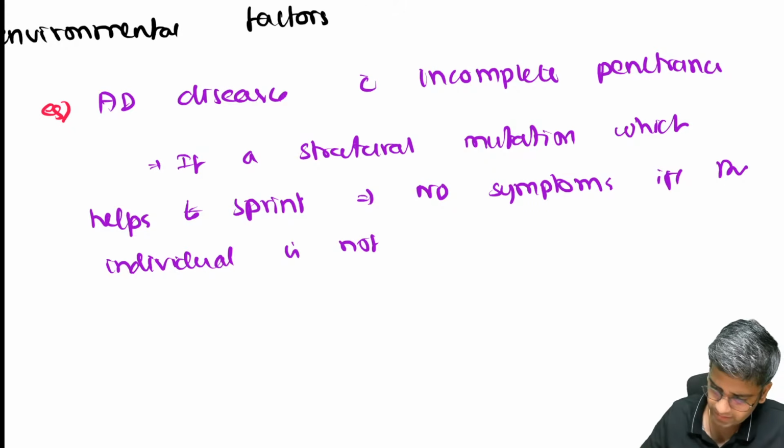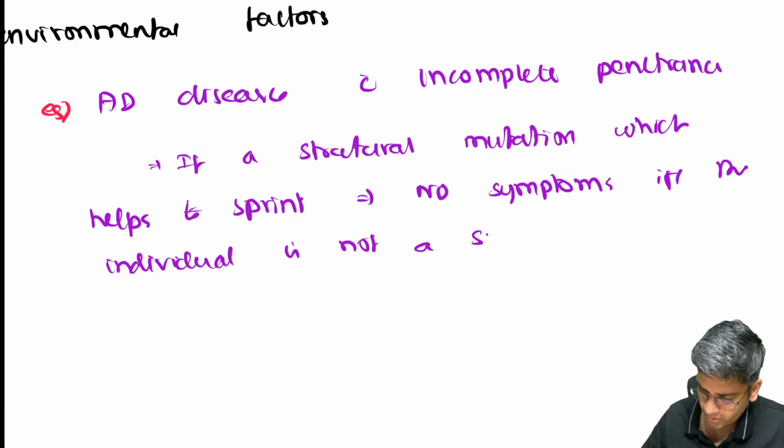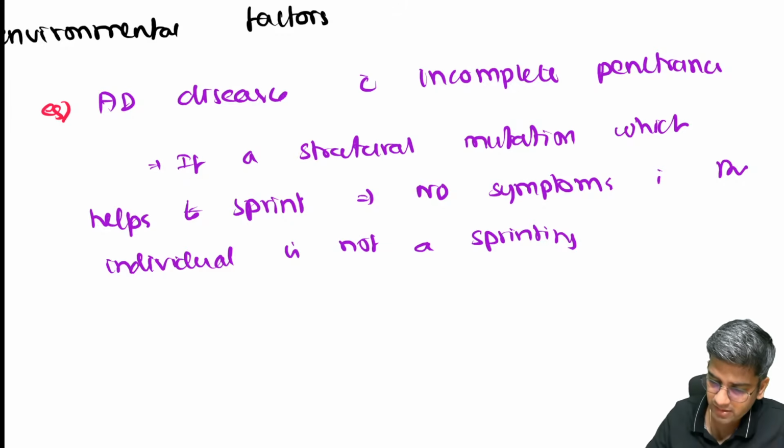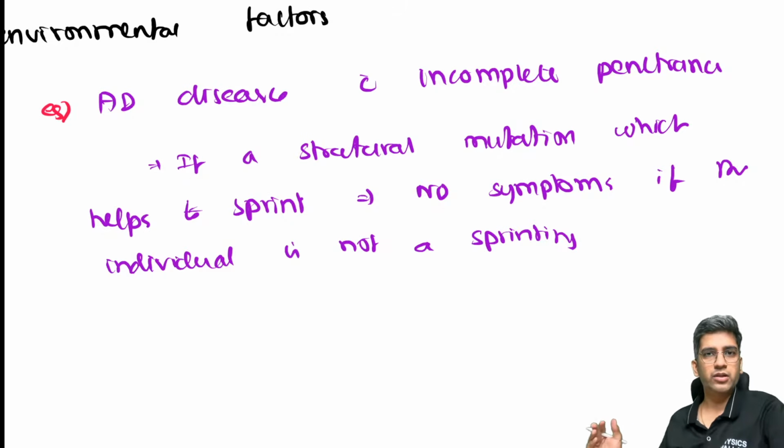As simple as that, right? If there's a mutation which helps in sprinting, there'll be no problem at all if the individual is not a sprinter. It's environment, right? That's all.